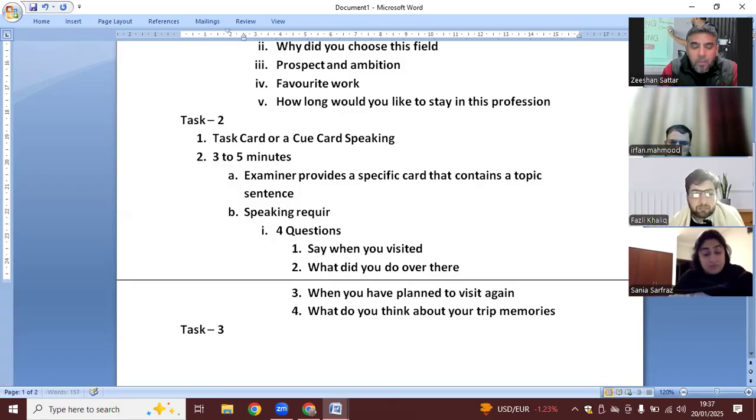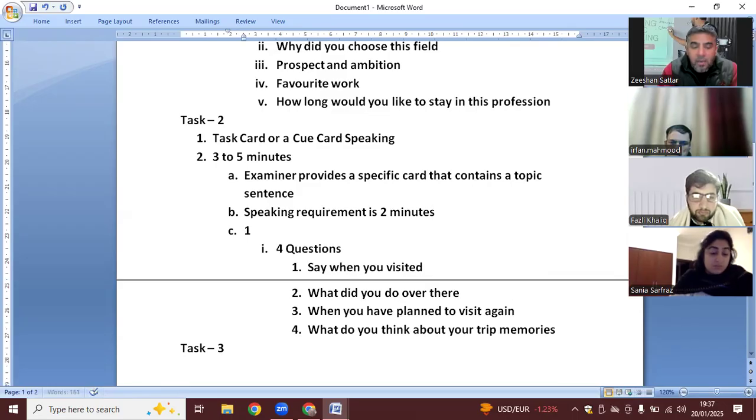The speaking requirement is 2 minutes, and then there is a prep time. 1 minute is the prep time. So we prepare for 1 minute and then we speak for 2 minutes. So normally it lasts 4 to 5 minutes, because the examiner assigns the topic and then gives us 1 minute.